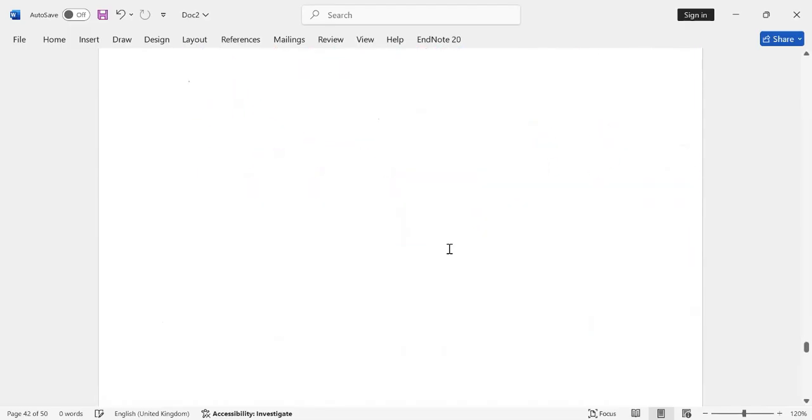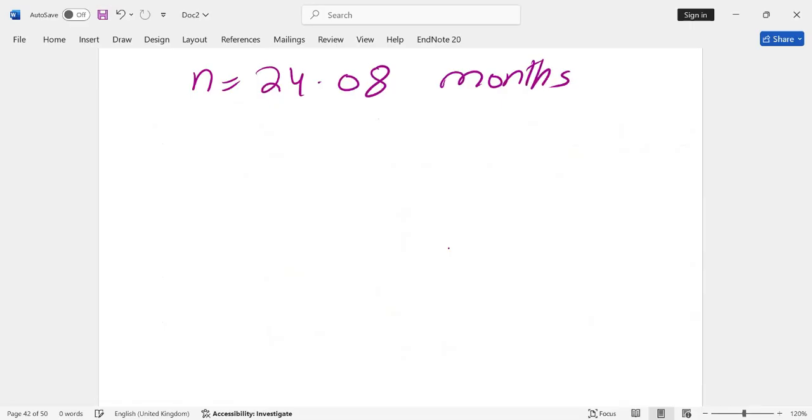So the n we have is 24.08 months. The original remaining payments were 60 minus 24 equals 36 months. The new required payments are 25 months.